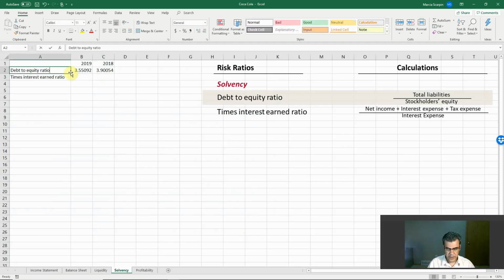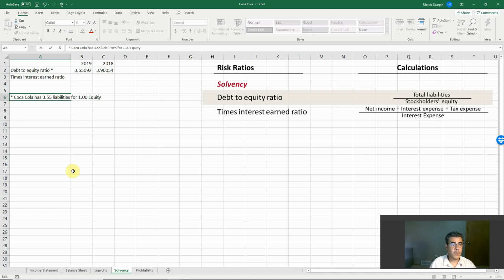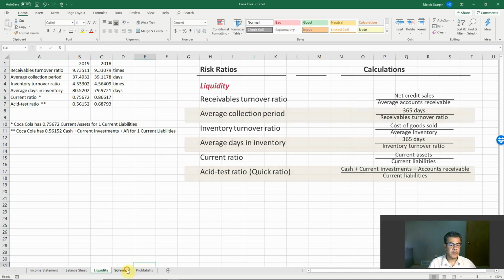And what is our interpretation here? Coca-Cola has 3.55 liabilities for $1 of equity. Perfect.